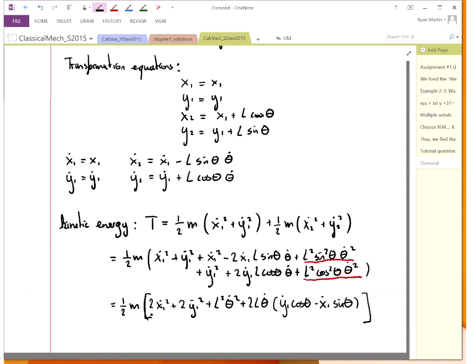Presumably here you're going to have to use Newton's second law, F equals ma, and ma, remember, is going to be one of the variables double dot. So you're going to have Q double dot equal whatever the forces are from those springs. And then the last step is, I give you specific numbers, and you have to plot the motion of the bottom mass as a function of time.